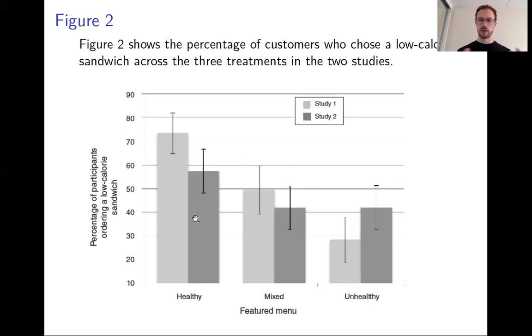This figure shows us the average, the fraction of people who chose a low-calorie sandwich from each of these three treatments, with the healthy menu, the mixed menu, or the unhealthy menu, and it separates it by study 1 and study 2.